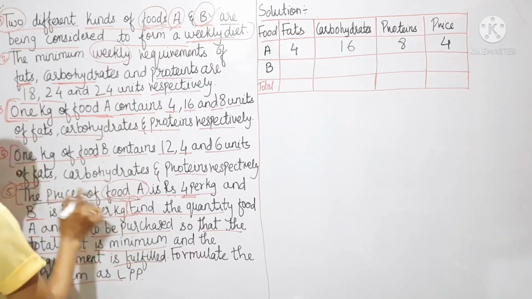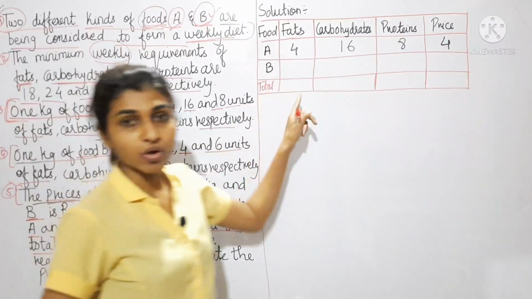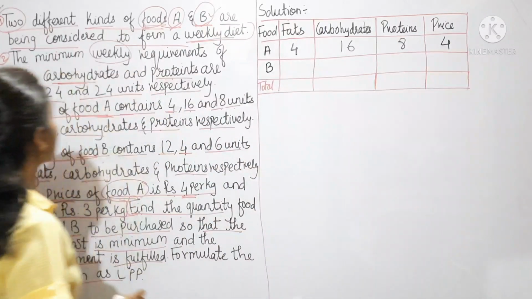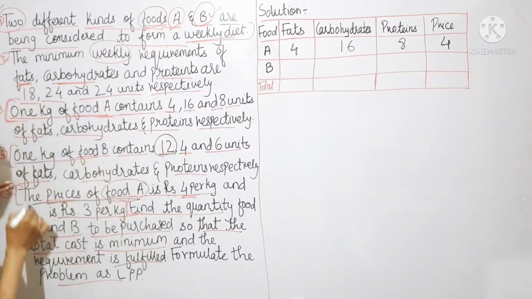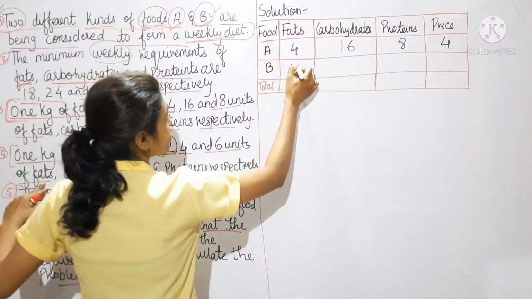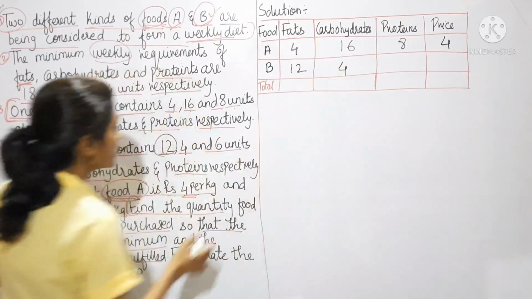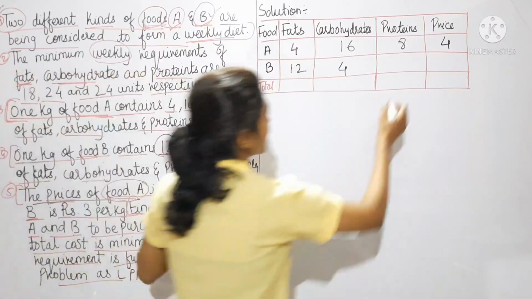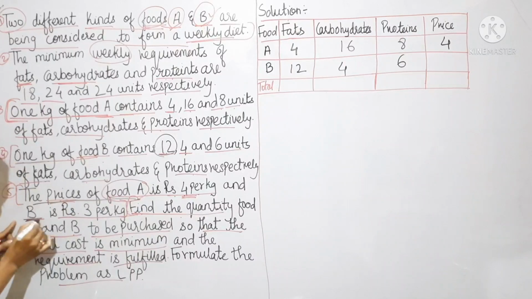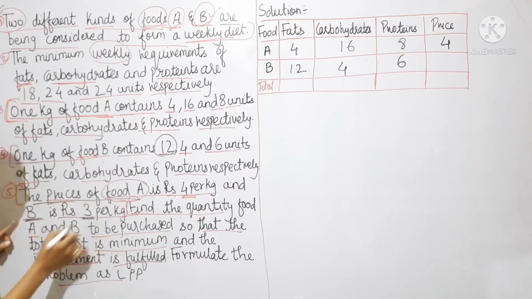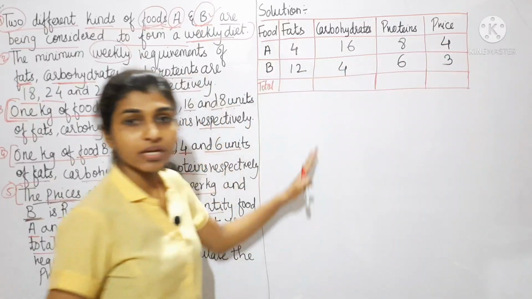Next is 1 kg of food B. 1 kg of food B contains how many units of fats? It contains 12 units of fats. So 12 units of fats, 4 units of carbohydrates and 6 units of proteins. Now the price of food B is how much? 3 rupees. So write 3 rupees under the heading price. Clear this much?